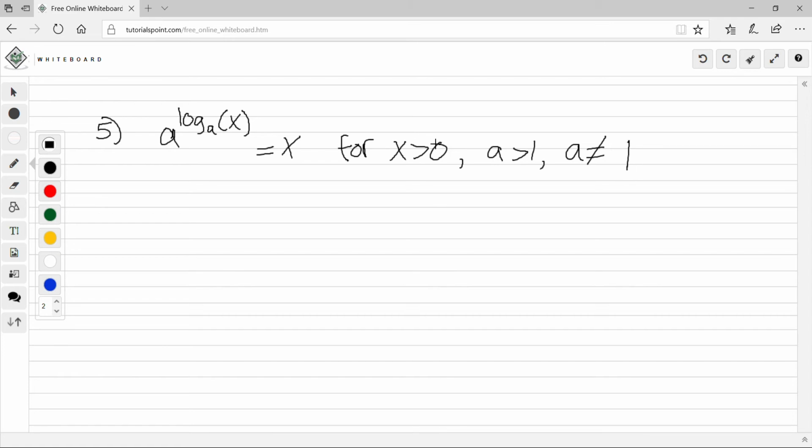So now we're going to do the last one, the base change formula.